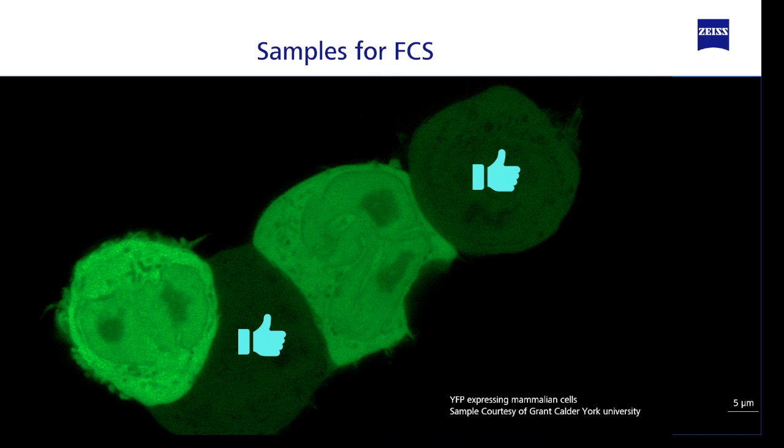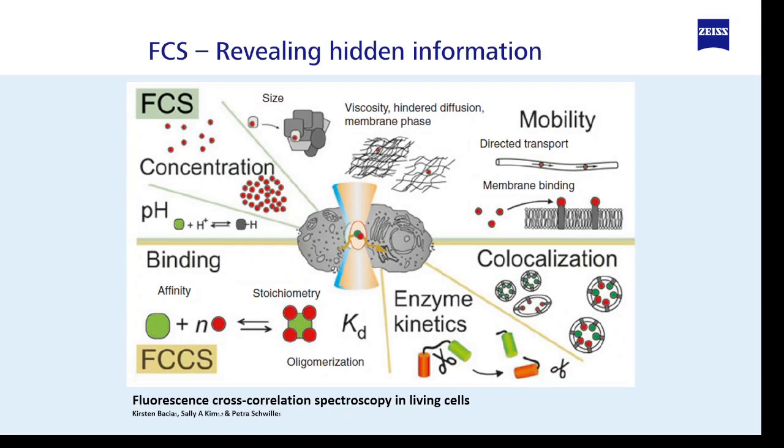FCS technology can only measure very, very dim samples. Like there are 4 cells in this region, and only this very dim cell can be measured by FCS. These 2 bright cells, which more commonly exist in our experiments, are impossible to measure by FCS.